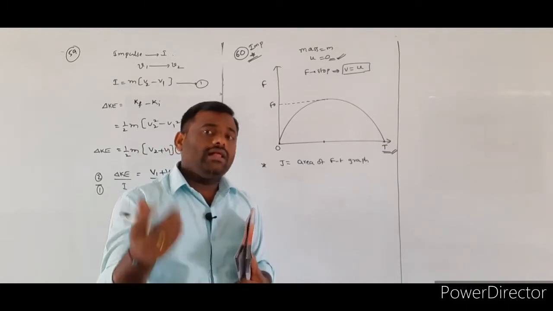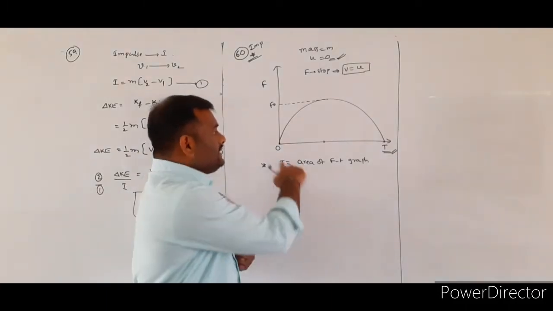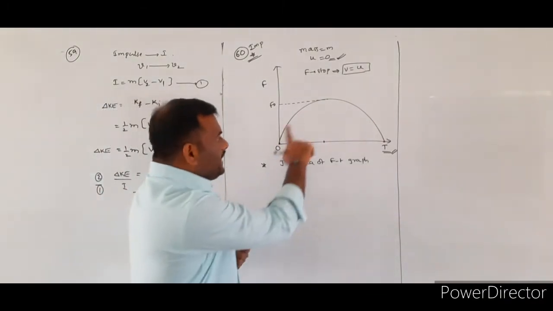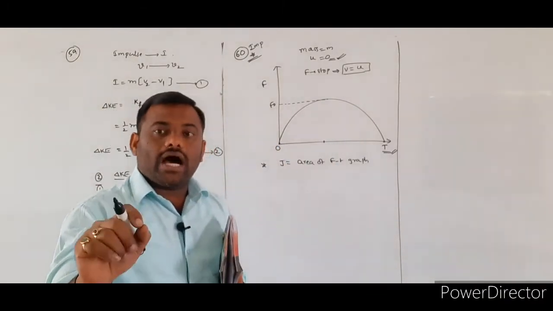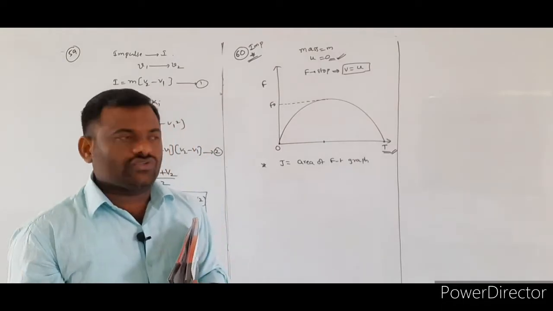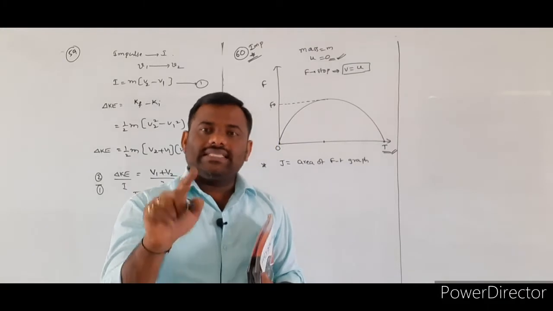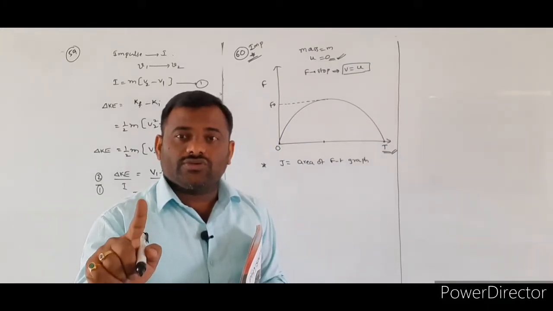Generally, we will get an idea that it is in the form of a semicircle, so we will write its area is equal to pi r square by 2. Why? The area of the full circle is equal to pi r square. Semicircle area is equal to pi r square by 2.